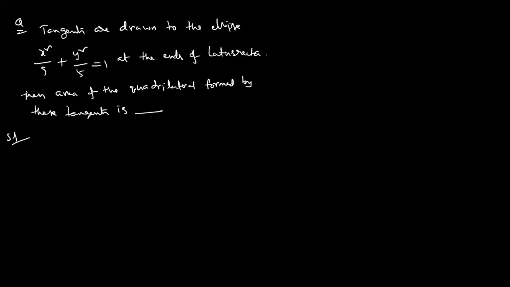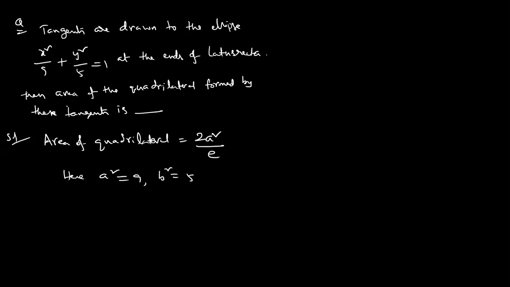So what is the answer? Just to discuss the previous one, see, the area of the quadrilateral, what is the formula? 2a²/e. Dear students, here a² is how much? 9. b² is how much? 5. First of all, you should find the eccentricity.